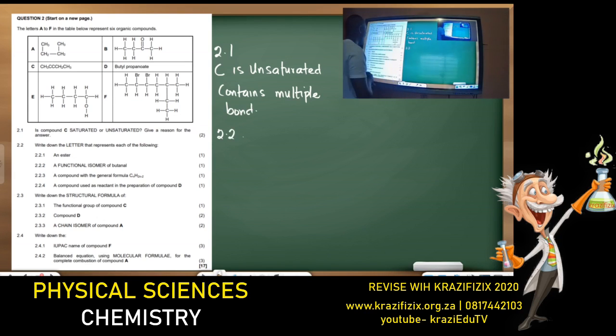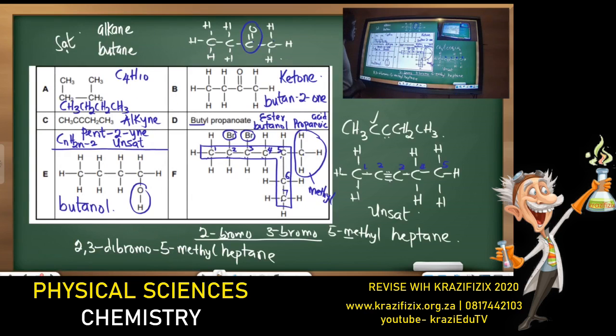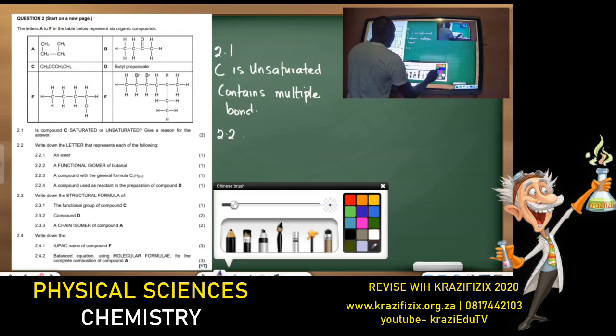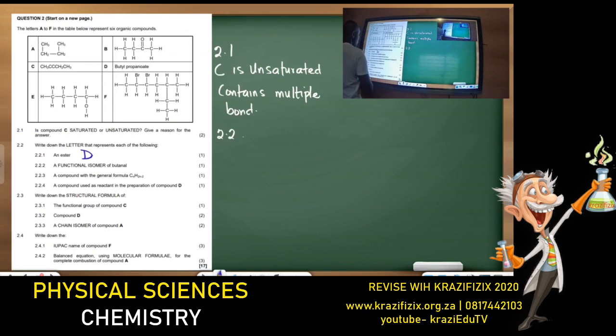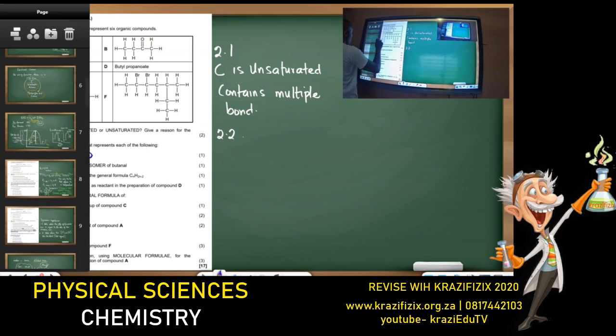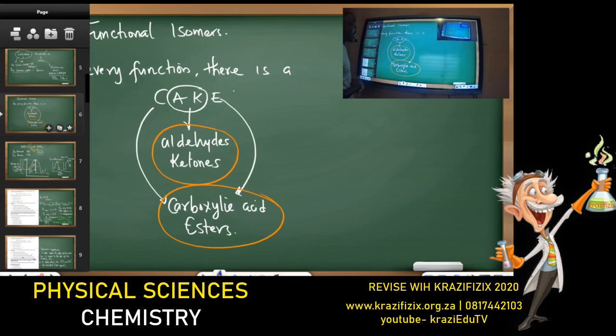2.2. Write down the letters of each of the following. The one that represents an ester. Oh, we did. D. Can I just write my answers there? D represents an ester. The functional isomer of butanol. If I take, butanol is aldehyde. If I take you back quickly to my cake, check this.